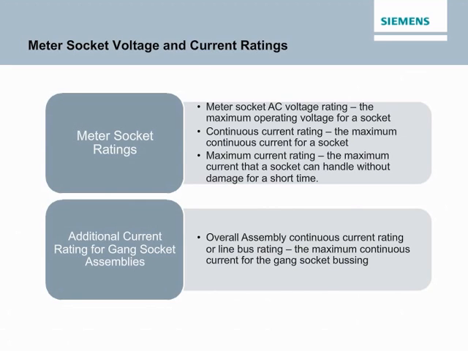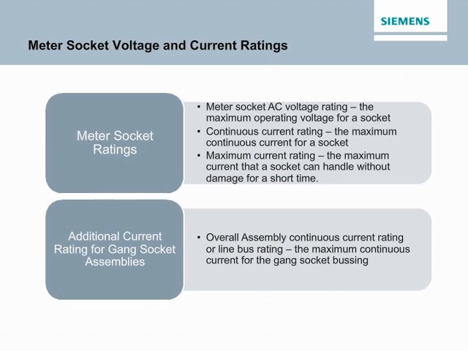Single position meter sockets have an AC voltage rating of 300 or 600 volts per UL specification 414. UL 414 also identifies two operational current ratings for single position meter sockets, a continuous current rating and a maximum current rating. Both ratings are in amperes, or amps for short.